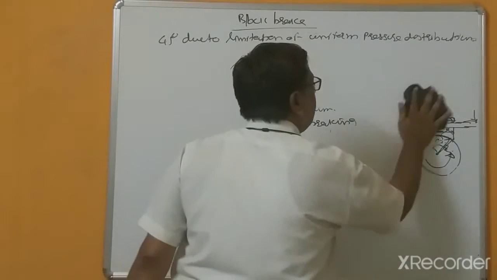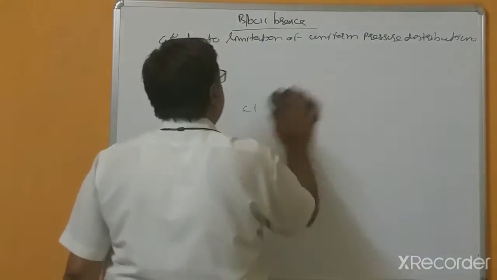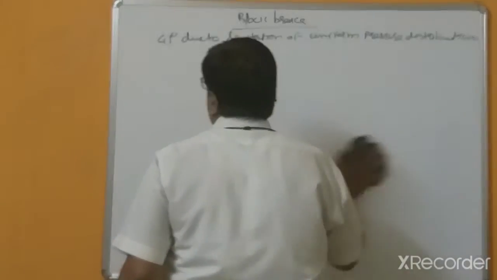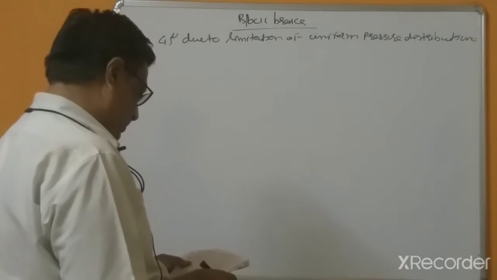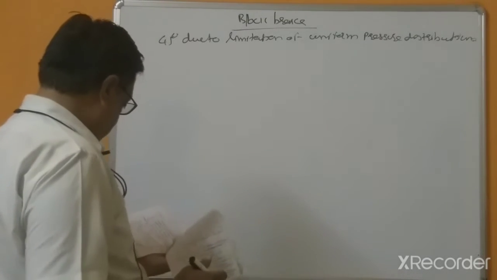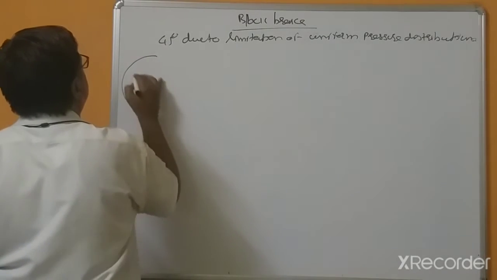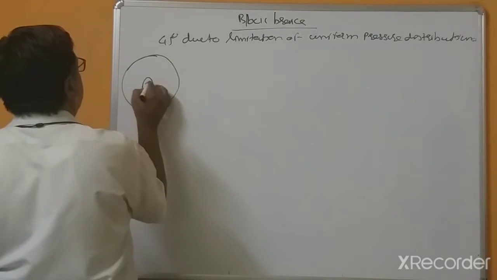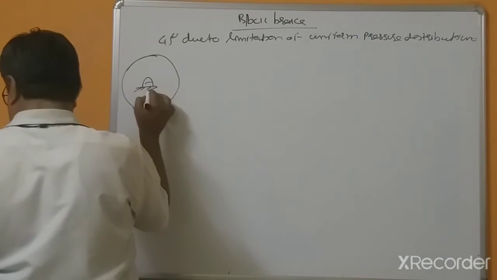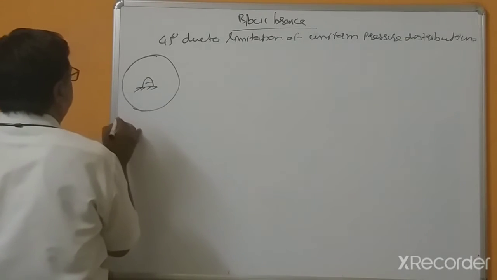So only important points I will explain here. This is the breakdown. Now this is the actuating lever.